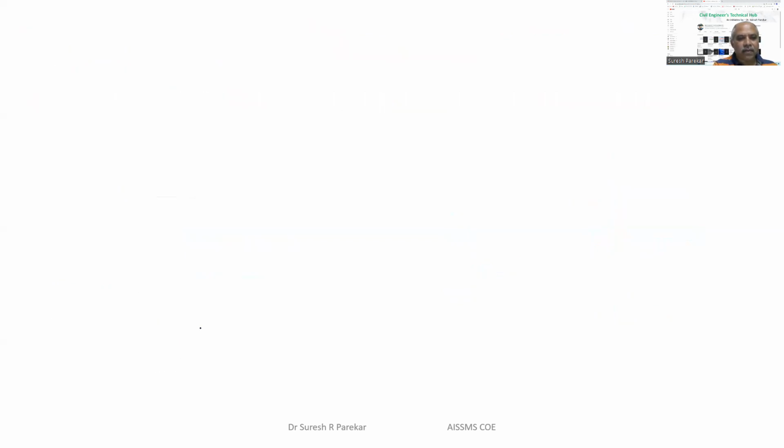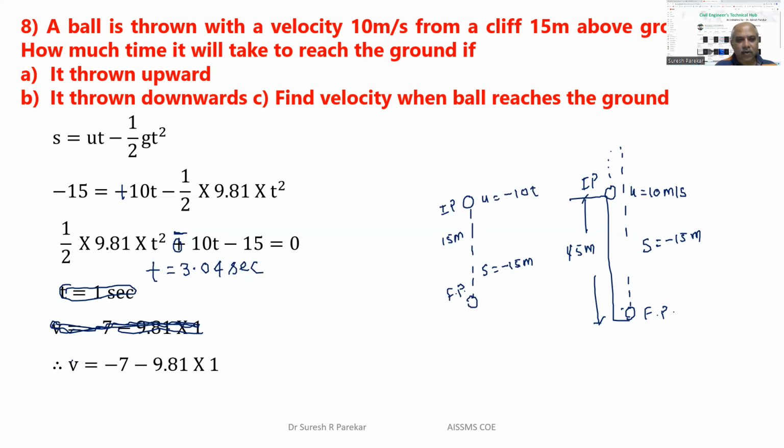So now we will go to the next, where it is thrown downward. So we have s equal to u t minus half g t square. And then we have s, that is minus 15, minus 10t because it is downward now, and then minus half g t square.